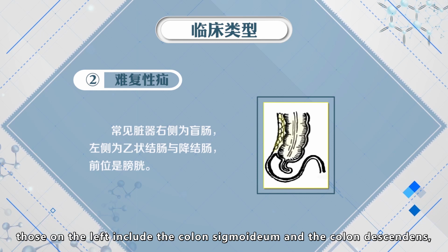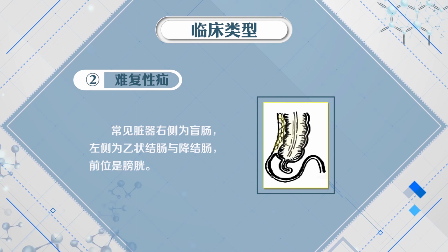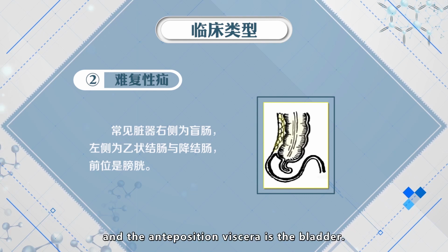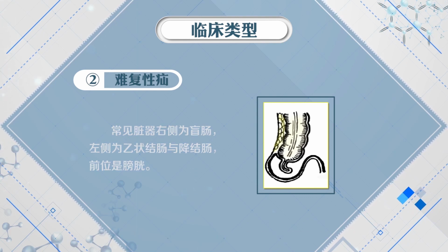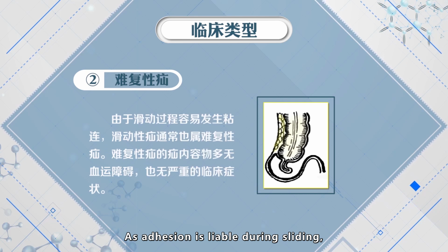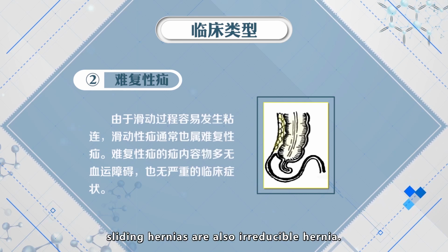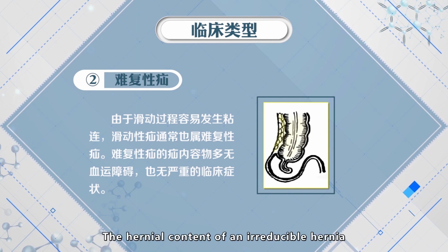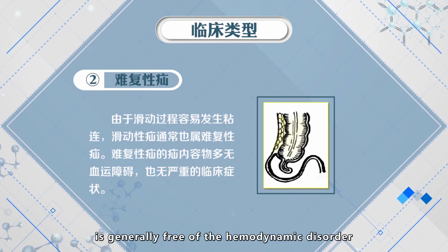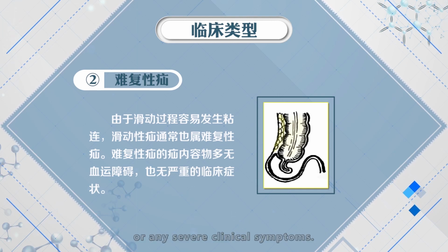Those on the left include the sigmoid colon and the descending colon, and the anterior viscus is the bladder. As adhesion is present, sliding hernias are also irreducible hernias. The hernia contents of an irreducible hernia are generally free of hemodynamic disorder or any severe clinical symptoms.